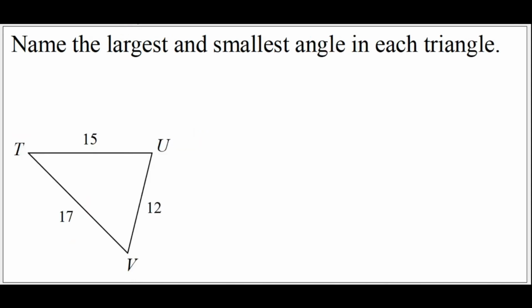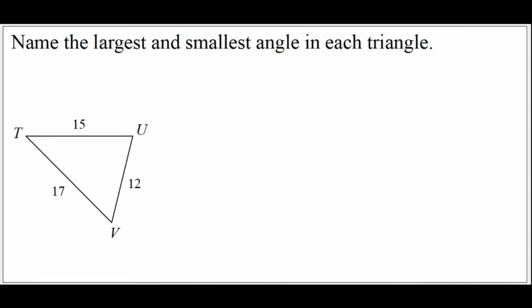This time we have the given sides. TU is 15, UV is 12, PV is 17. What would be the largest and smallest angle in the triangle? The answer?